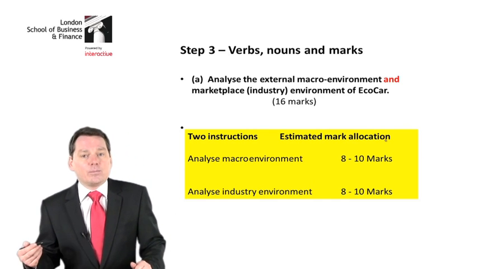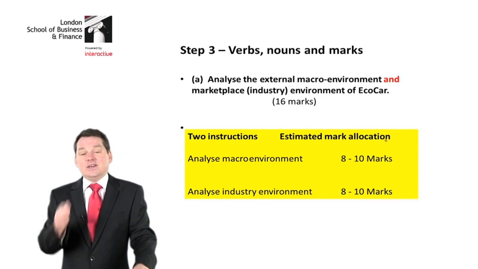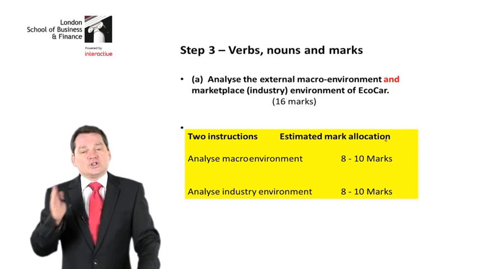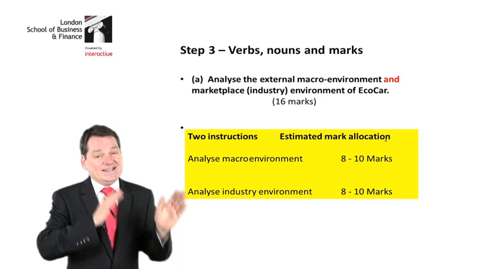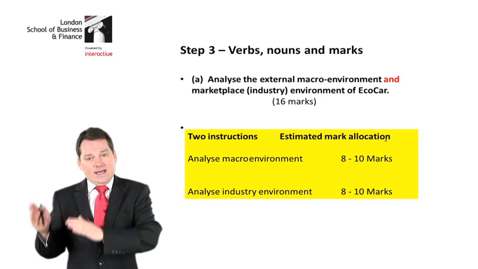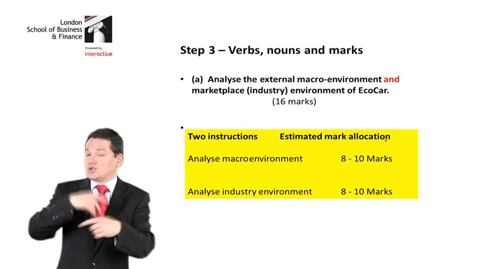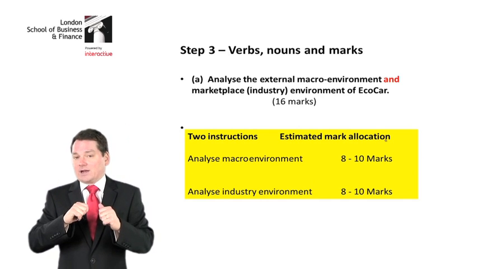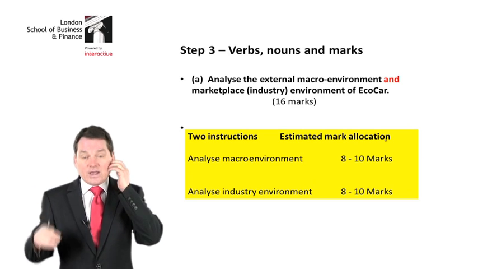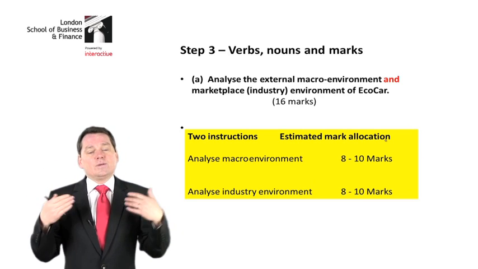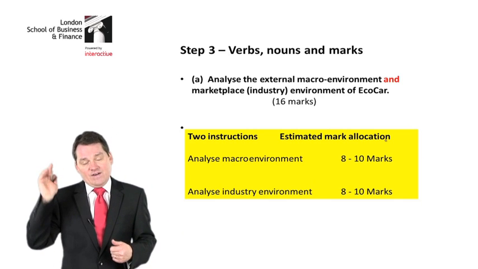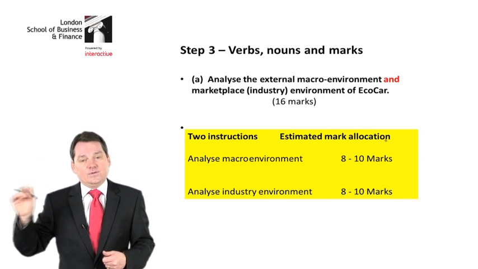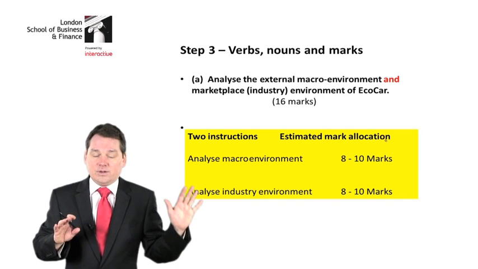Now, that won't happen. Once you've got to 16, you don't get any more. But some students could do a very good answer about the macro environment and get 10, and then only get 6 on the industry. Some students might do it the other way around, get 6 on macro, get 10 on the industry. The examiner wants the marker to try and be flexible. If a student has done very well on one bit, fine, give them the marks. If they've done well on another bit, give them the marks.